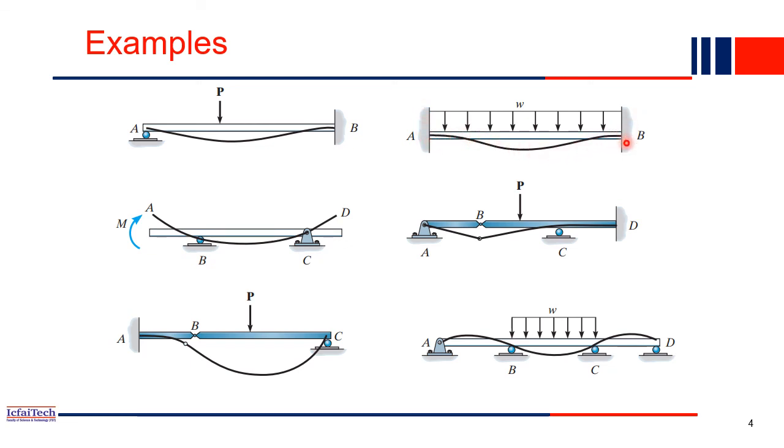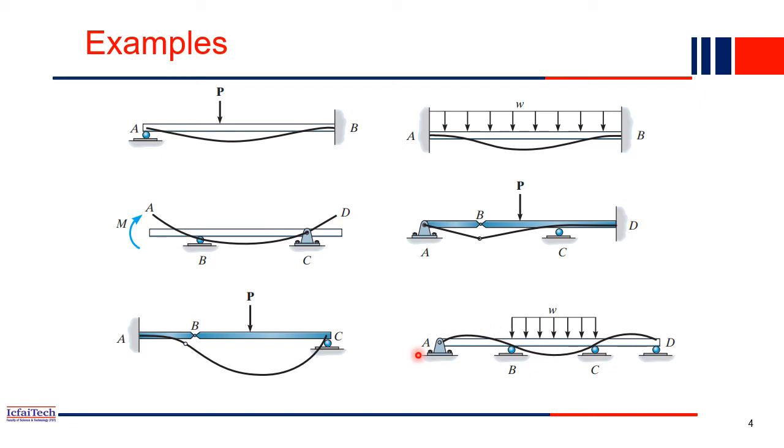Again, this end is also a fixed end, so a little bit straight will be there, and then deflection will happen. Because a fixed end has a support reaction, the slope and the deflection at this point are 0. The same thing happens here also. You have a load here, and this is the deflected shape. Similarly, if you have a UDL at the middle, the deflected shape will go something like that.